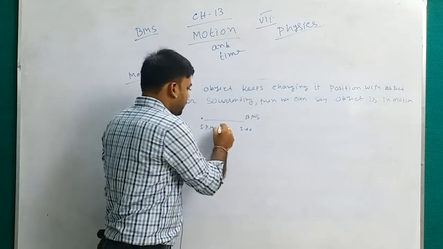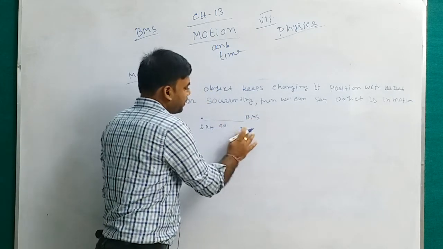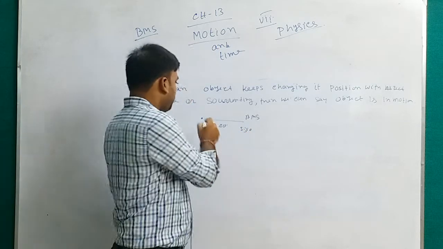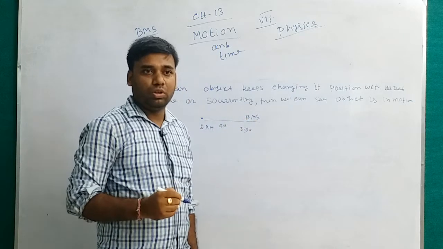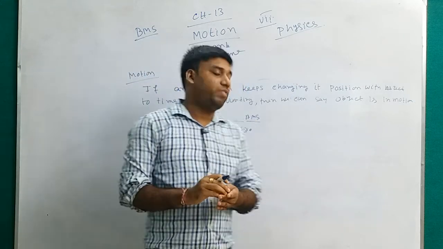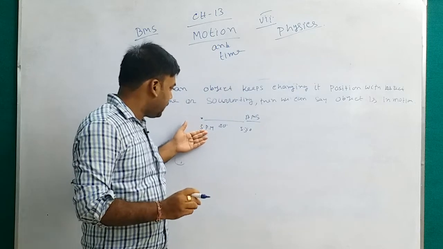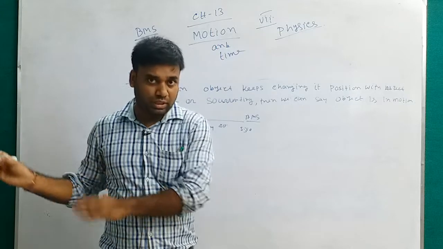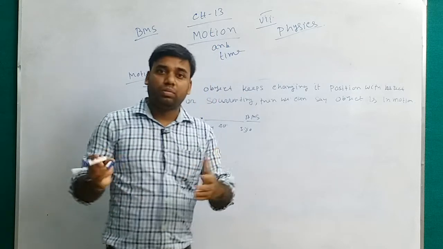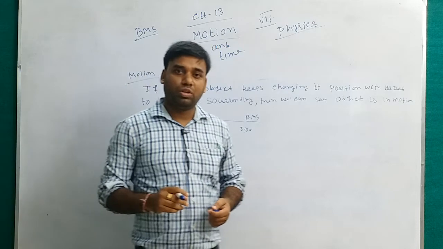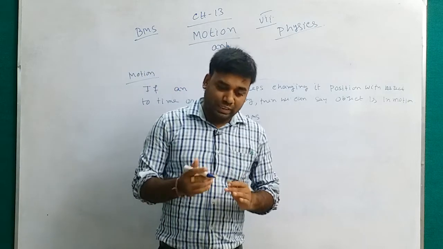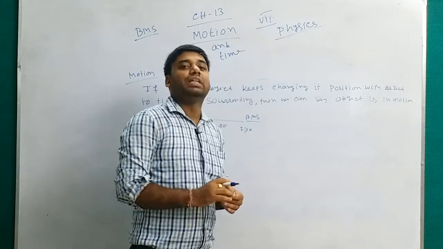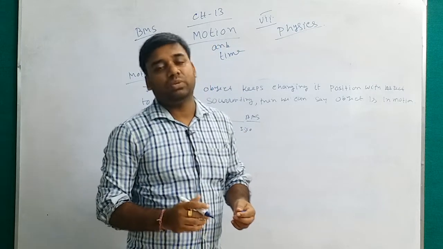So within 30 or 40 minutes, you change your position from Bardhaman station to Bardhaman Model School. At 5 p.m. what is your position? Bardhaman station. At 5:30, Bardhaman Model School. So with changing of time, you have also changed your position. That time it can be said that you are in motion.